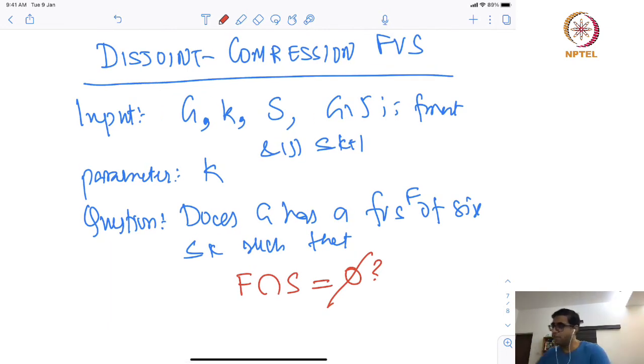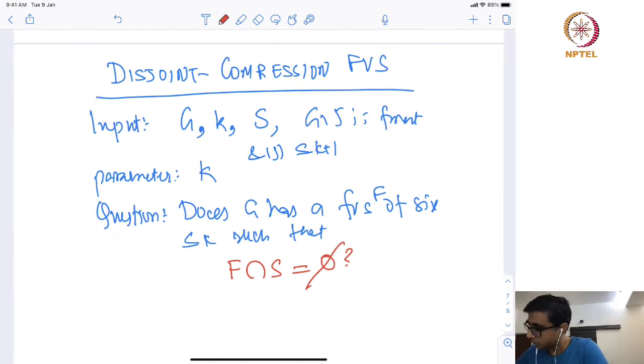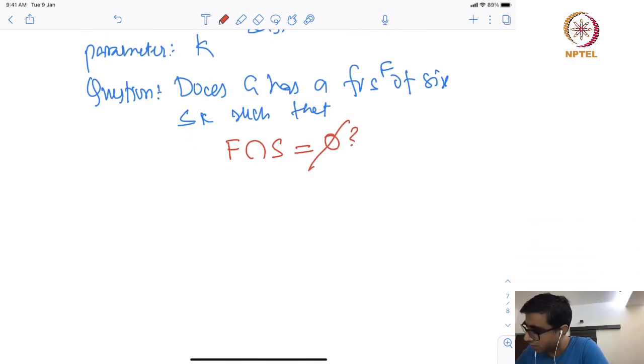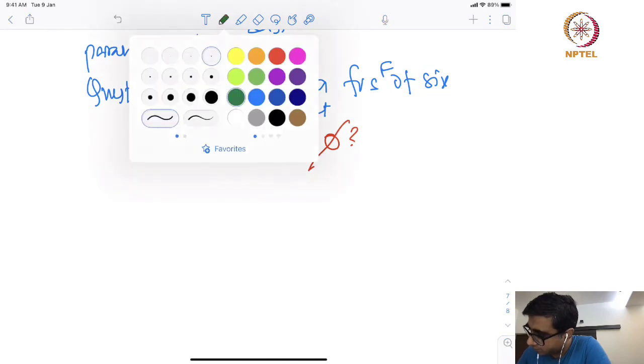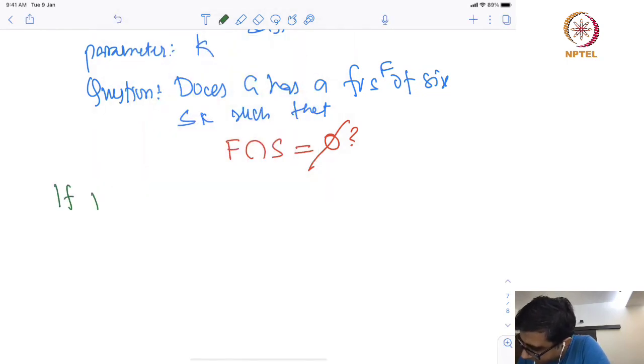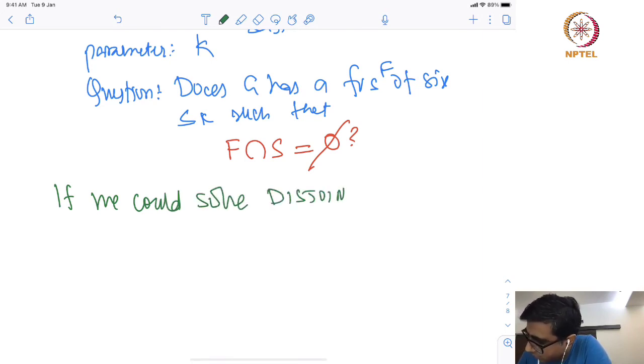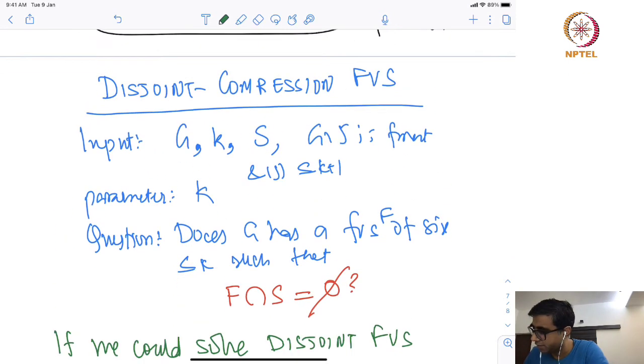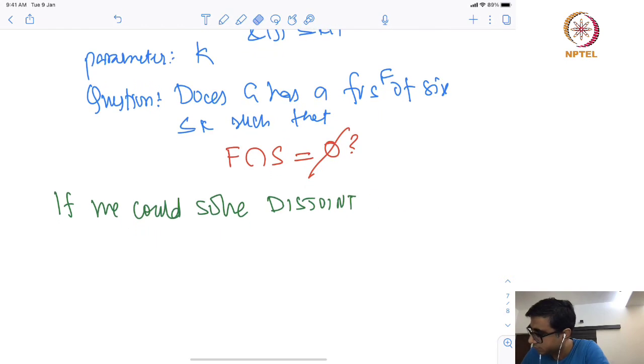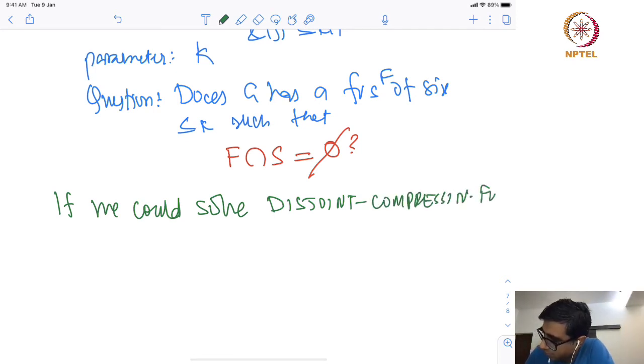But now imagine that we could solve disjoint FVS, or for that matter disjoint compression FVS. People also omit the word compression if it is clear from the context, but for our initial lecture, let us keep it.